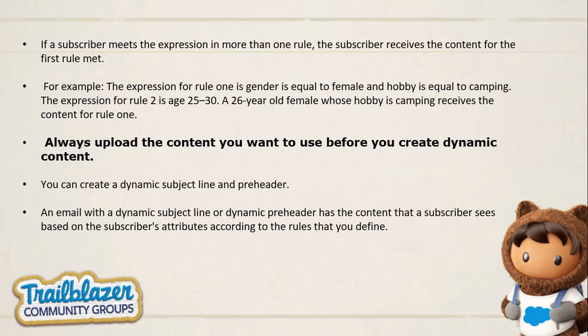Then what is the first criteria that is going to match for him? Probably Sales Cloud. If that is the first criteria matched, then he will only receive the dynamic content of that specific criteria. Despite matching multiple criteria in the dynamic content, only the first matched criteria will be displayed in the email.